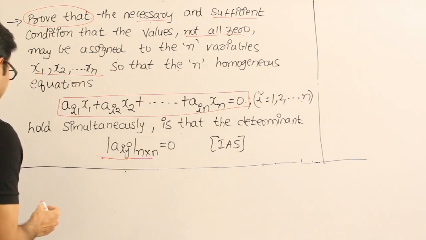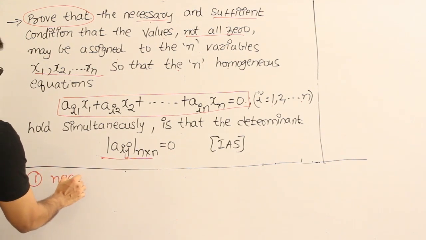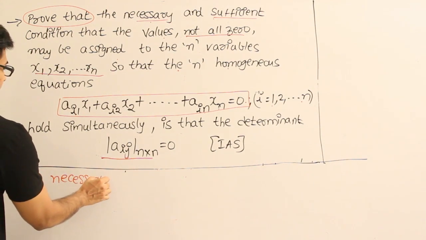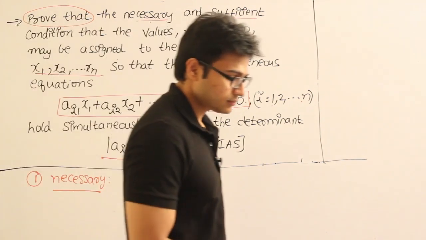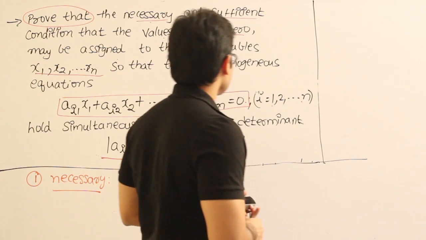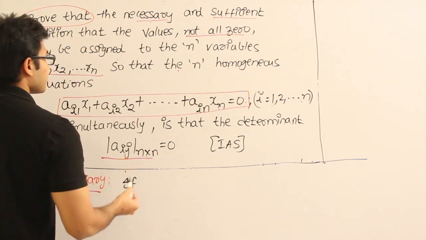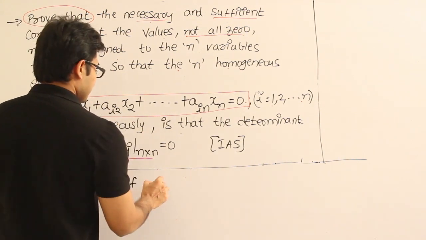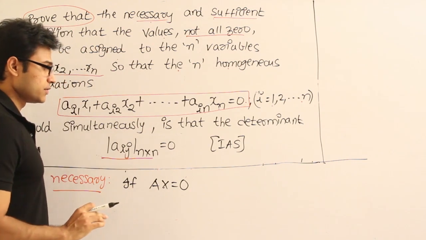So first case is, I want to prove the necessary condition. Okay, so then what should we prove? We should prove this. If Ax equal to 0, I am just writing this in the form of Ax equal to 0.